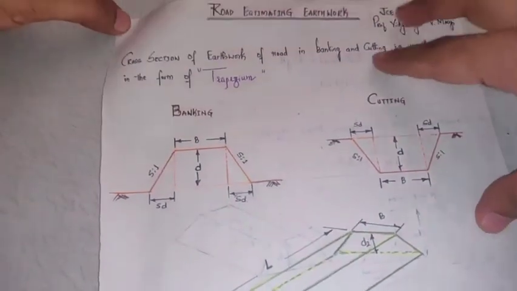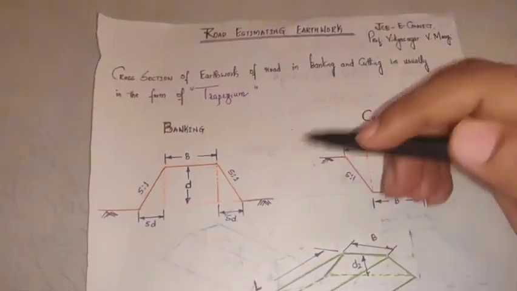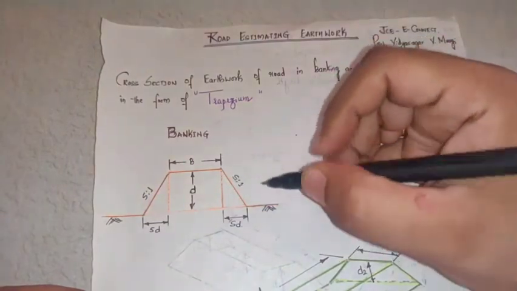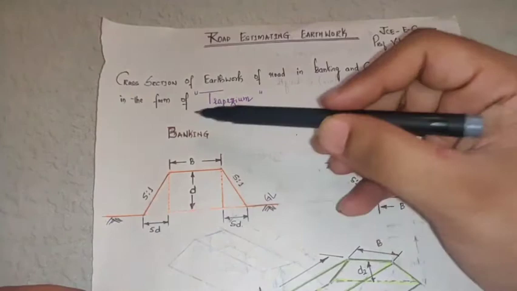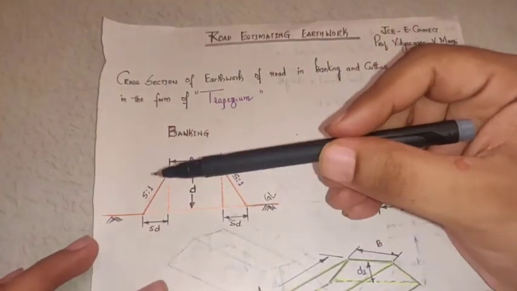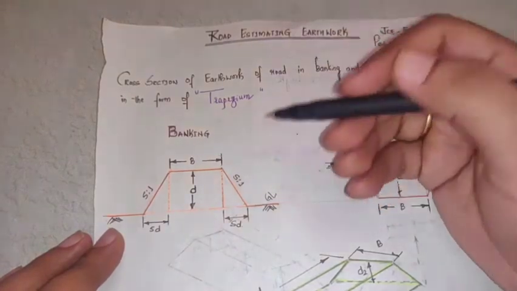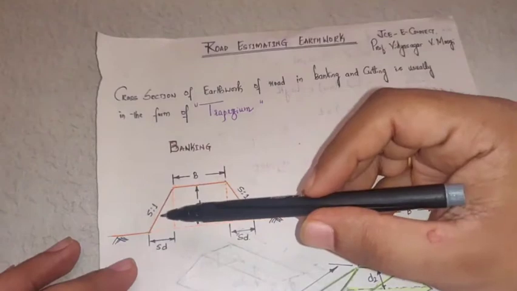Now you can see here we have two cross sections given. This is with respect to ground level. This cross section refers to the banking of the soil. Wherever it is required to fill the soil, we call it banking or filling, or it is also called embankment, right?